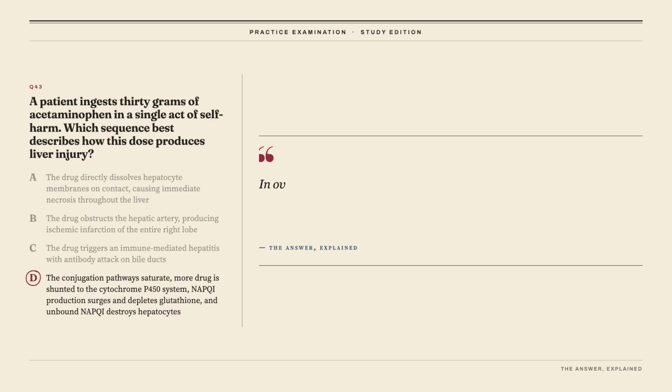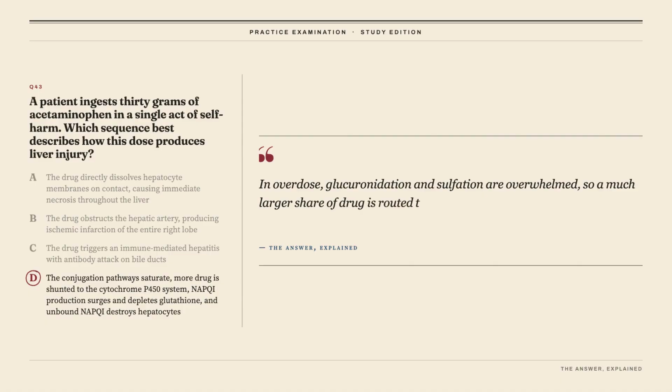D is correct because in overdose, glucuronidation and sulfation are overwhelmed, so a much larger share of drug is routed through cytochrome P450 to NAPQI. The surge in NAPQI rapidly consumes glutathione, and once stores fall below roughly 30% of normal, there is not enough left to neutralize what is being formed.